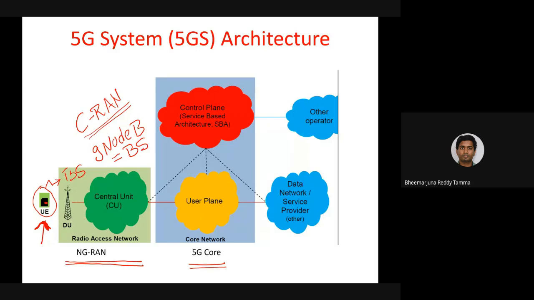When you want to do deep packet inspection and routing and other things, all of them are done as part of the core network. As in the illustration, the 5G core is separated into control plane and data plane. At the bottom there's a user plane, and at the top you see the control plane.